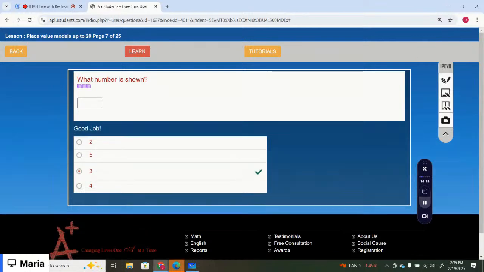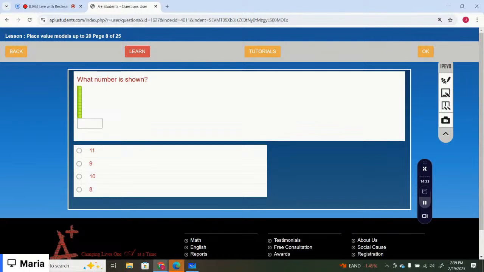That is 3, option number 3 is the correct option. What number is shown?